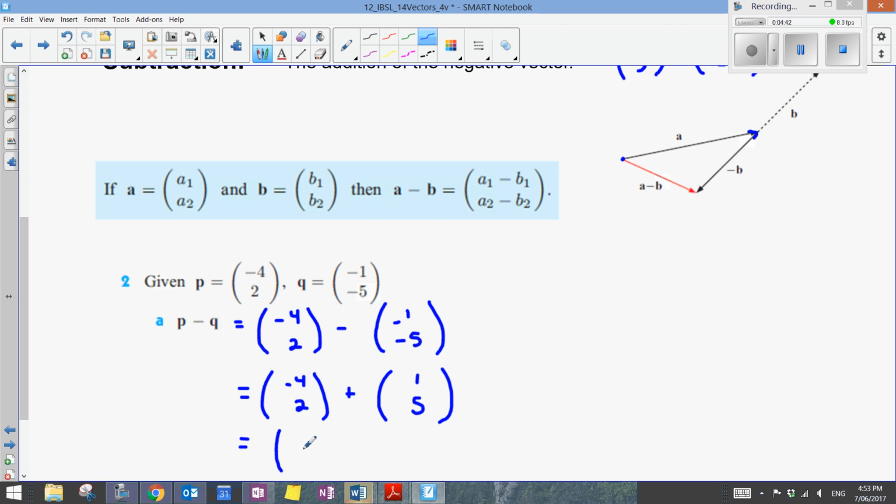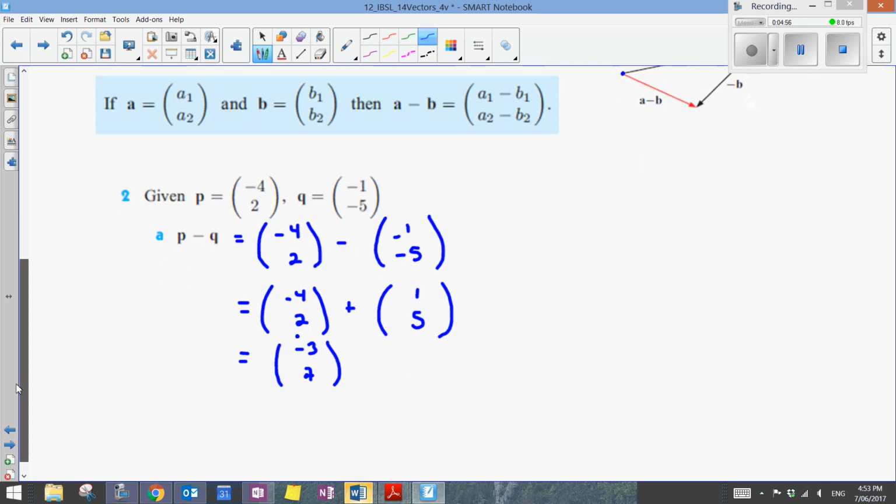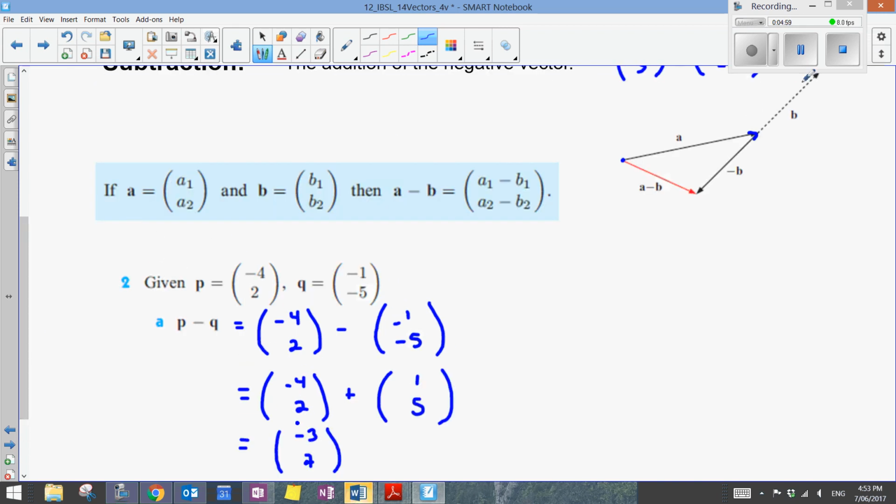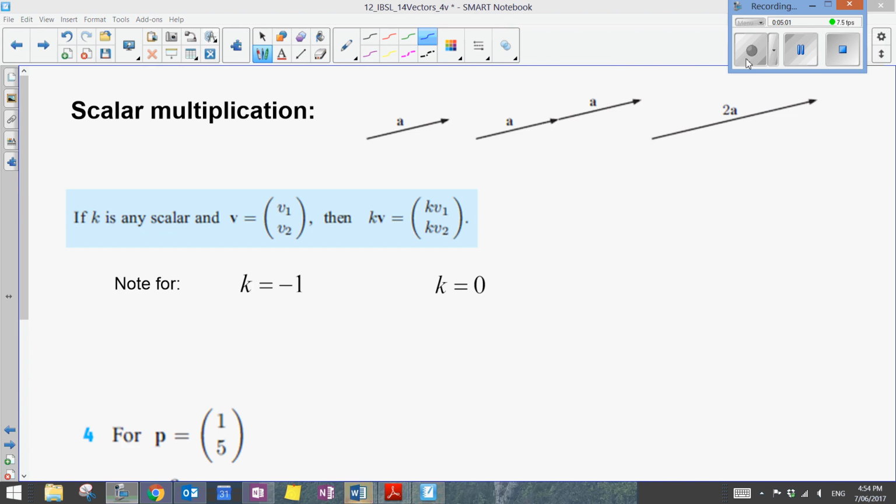So we will result with -3 and 7. If we go back to the beginning, -4 minus -1 would be -3. 2 minus -5 would be +7. So there's our resultant vector when we subtract our vectors.